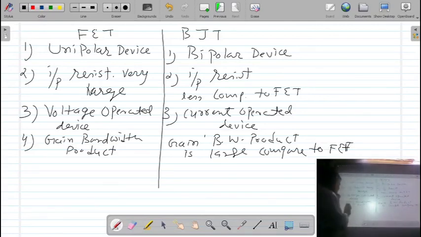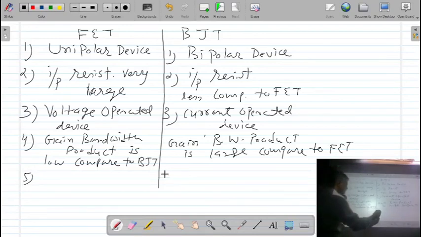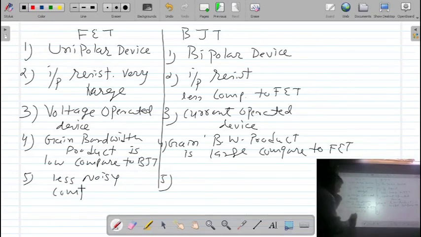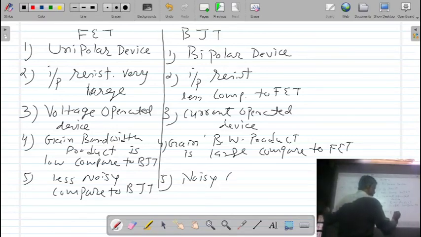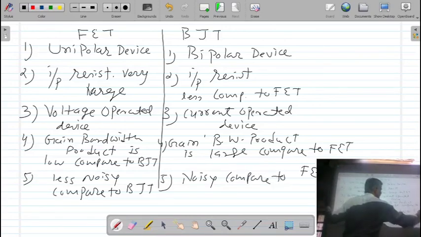The gain bandwidth product for FET is low compared to BJT. Fifth, FET is less noisy compared to the bipolar junction transistor. BJT is noisy compared to FET.